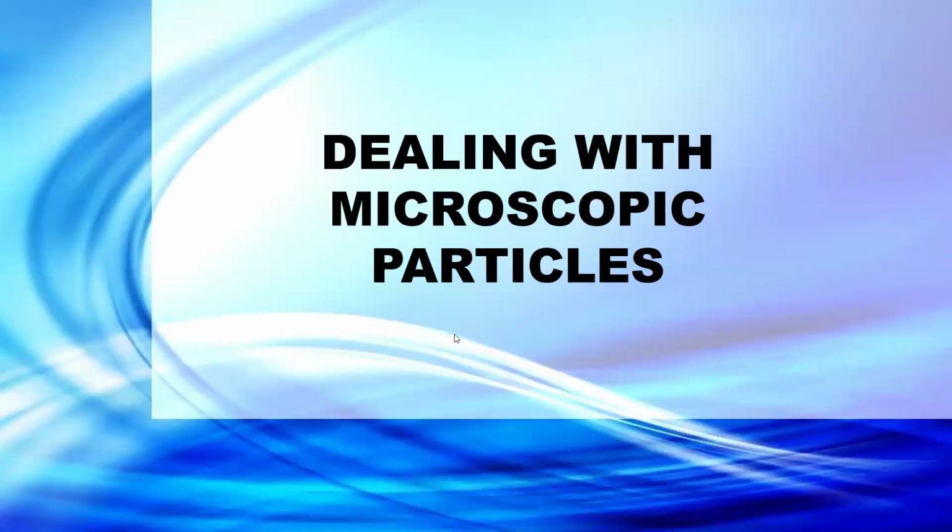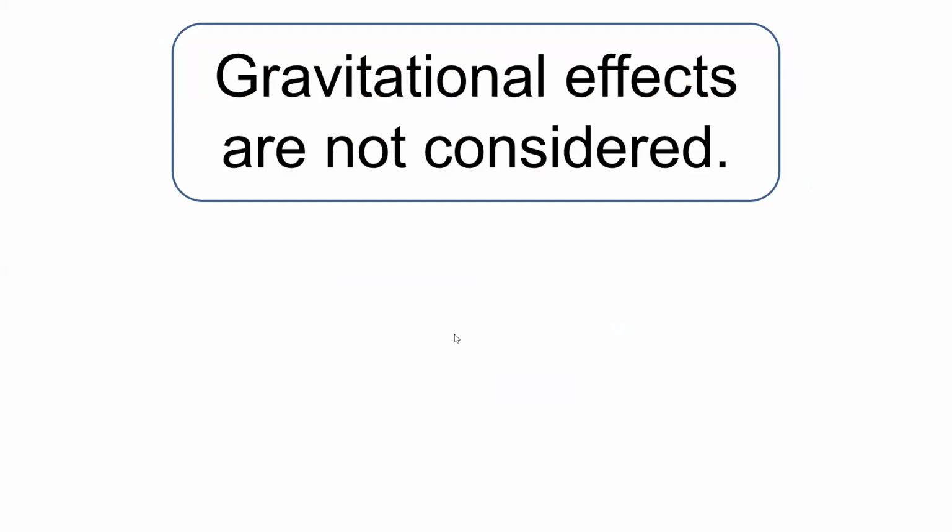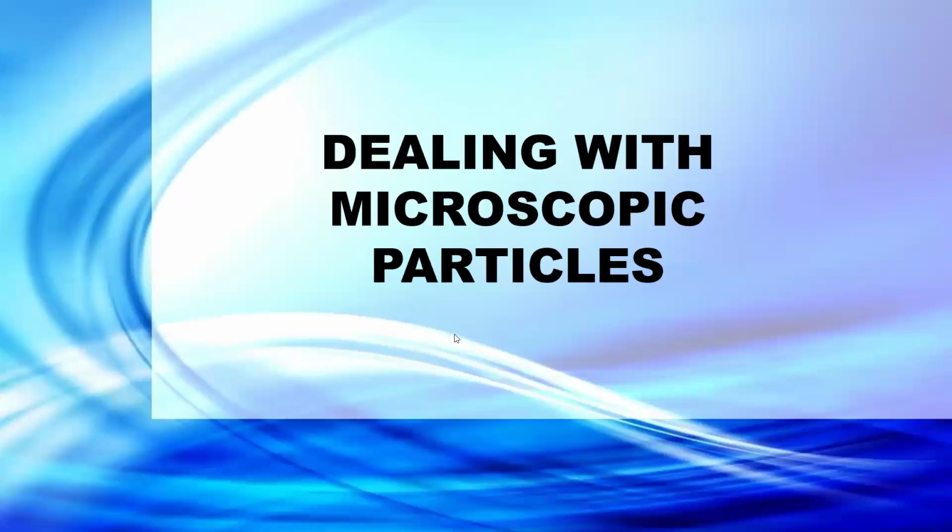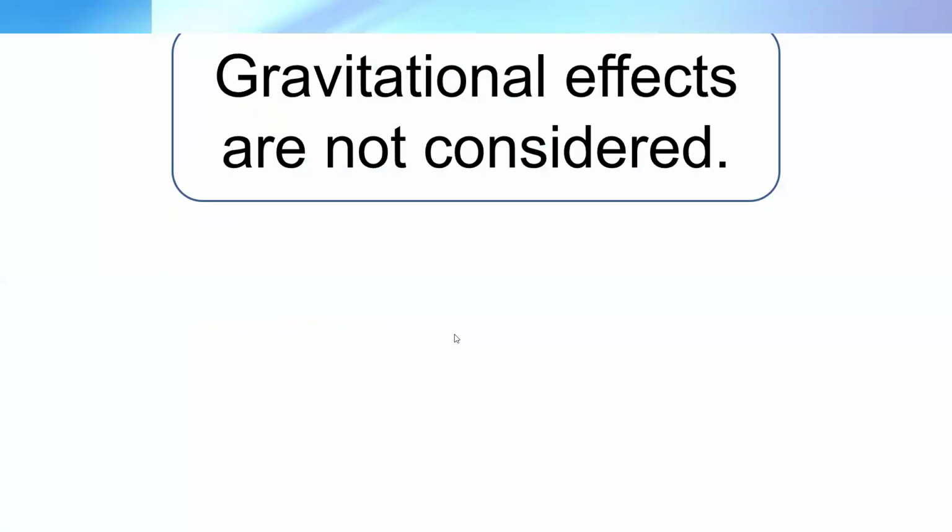Now, dealing with microscopic particles. Microscopic particles are those like proton, neutron, quarks, etc. We put our first concept here. We are dealing with microscopic particles, like quarks, positron, neutron, proton.